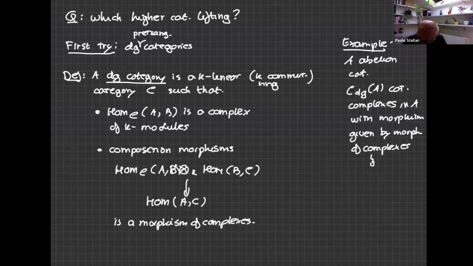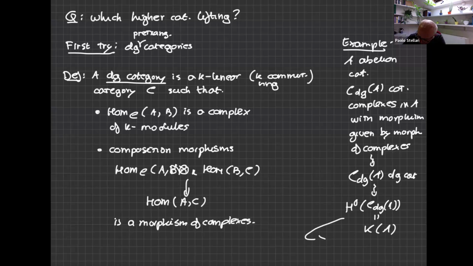So of course, C_DG(A) is a DG category in a trivial way. And since the morphisms in C_DG(A) are complexes, I can just take the homotopy category, H0 of this category, and I get back the homotopy category that I defined before.